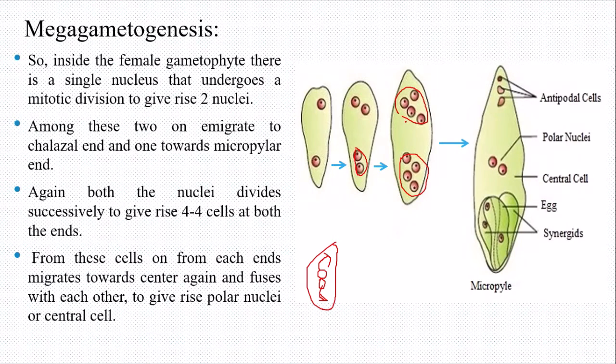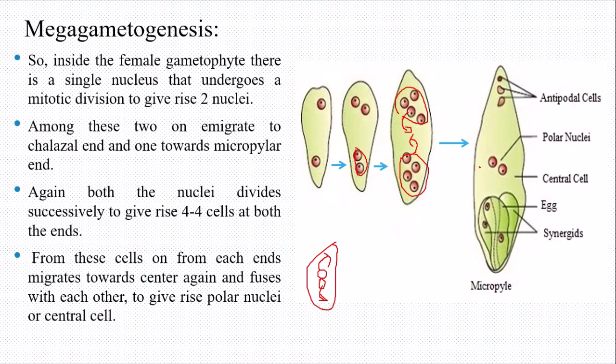Among these nuclei, one from each end migrates toward the center again, so there will be two nuclei at the center of the embryo sac, or the female gametophyte.